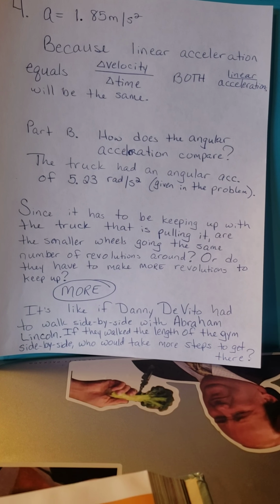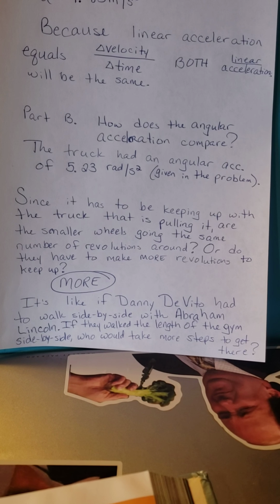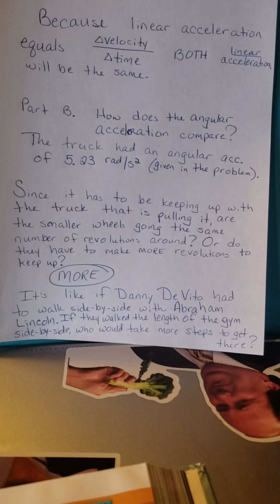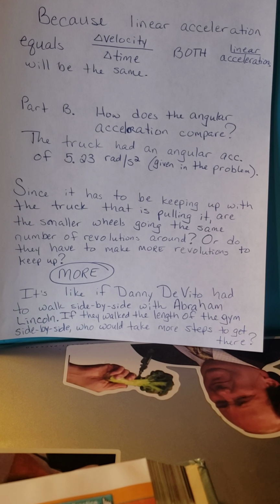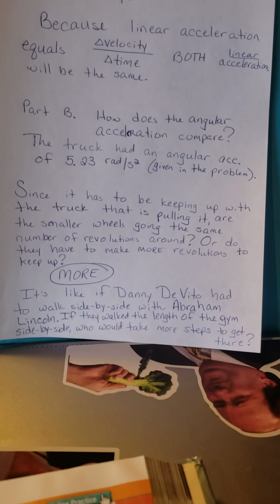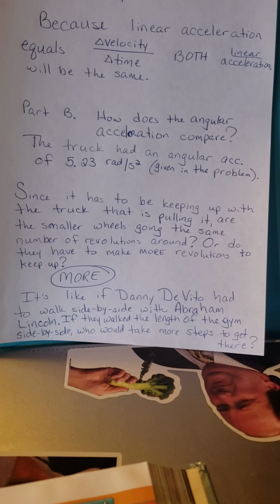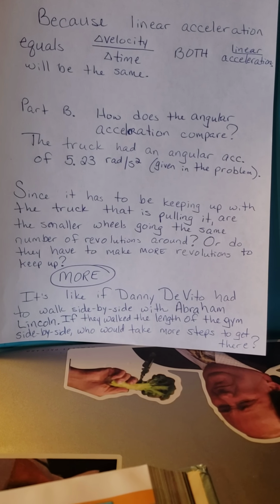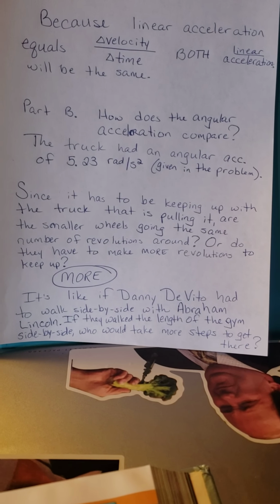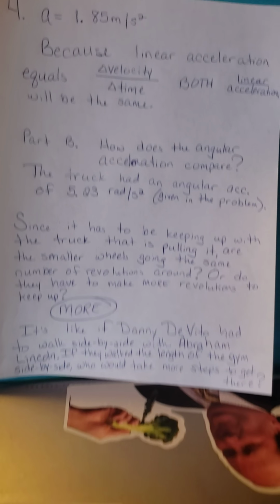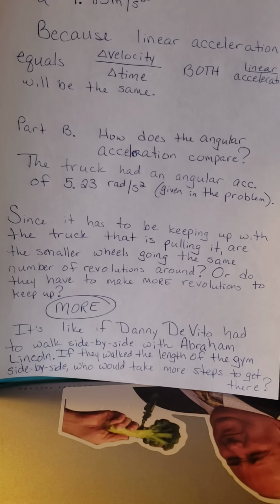The truck had an angular acceleration of 5.23 radians per second squared, which was given to us in the previous problem. Since the trailer has to keep up with the truck pulling it, are the smaller wheels going to make the same number of revolutions, or do they have to make more revolutions to keep up?